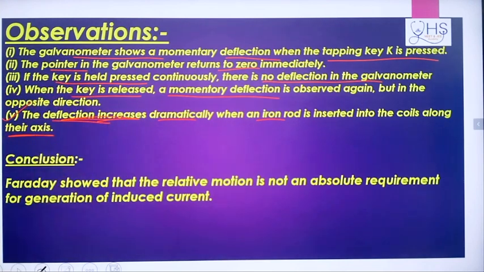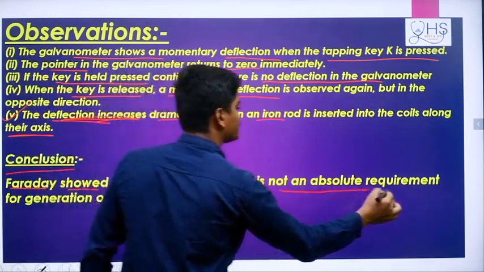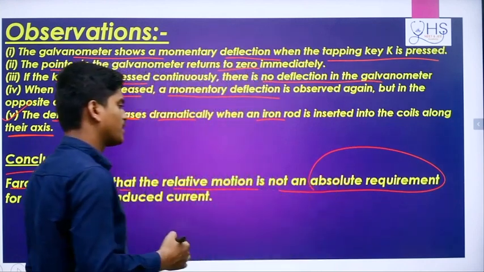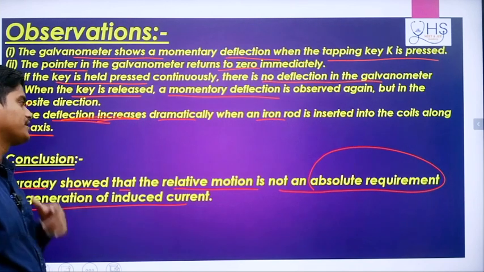Sometimes theoretical questions can come, so understand the conclusion. Faraday showed that relative motion is not an absolute requirement. Relative motion is not needed; by tapping the key also we can produce induced current. That is the conclusion you have to write here.